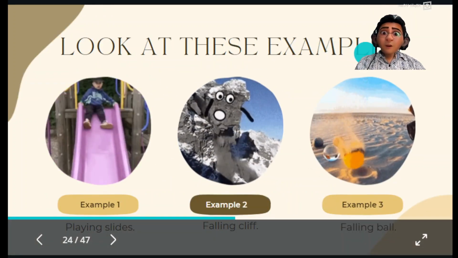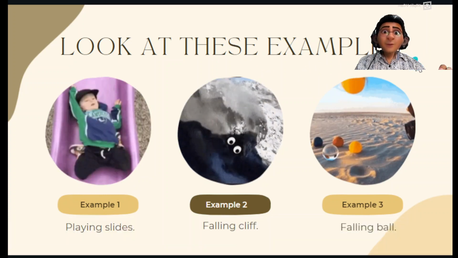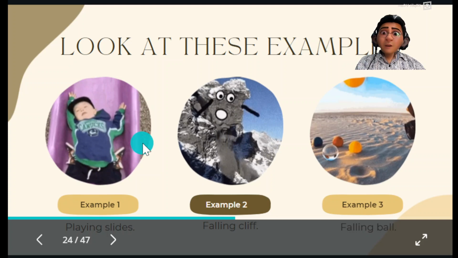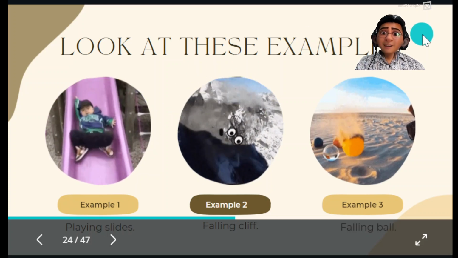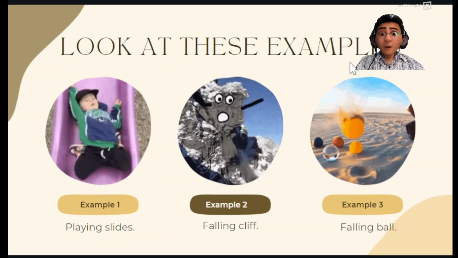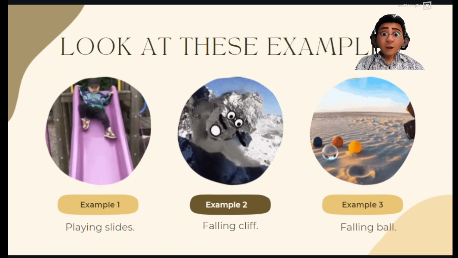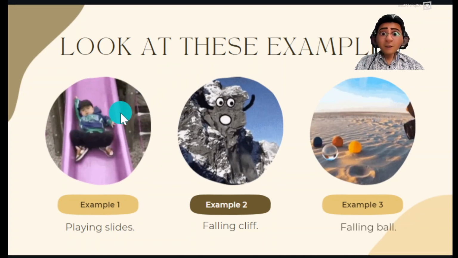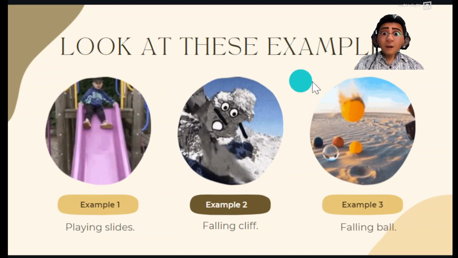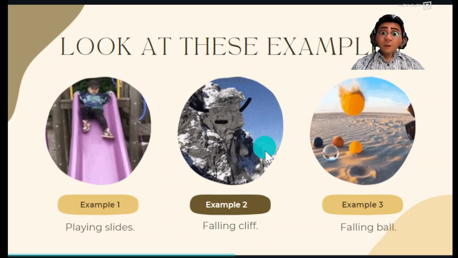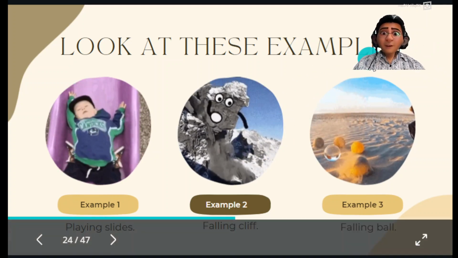Examples of gravitational force that we use are here. Example 1, playing slides. This is a simple slide. There must be more examples of slides, water slides, or some types of slides like this one. A simple slide uses gravitational force. Second example would be a falling cliff.